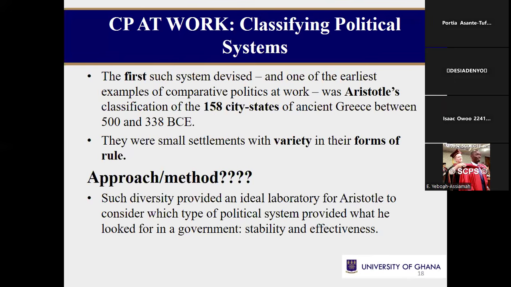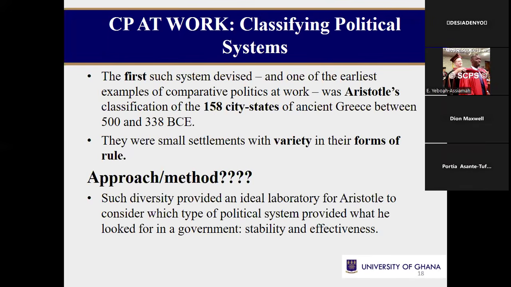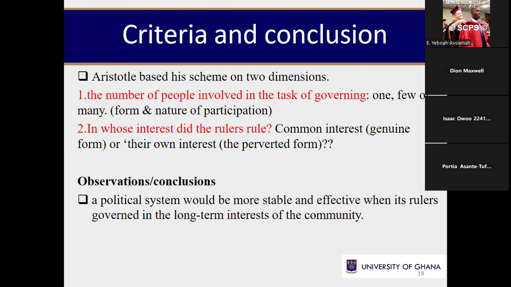So he set out to do his comparative work, and then he used these two dimensions as you rightly mentioned. Now, these were the conclusions or the observations. He noted that a political system will be more stable and effective when its rulers governed in the long-term interest of the community.